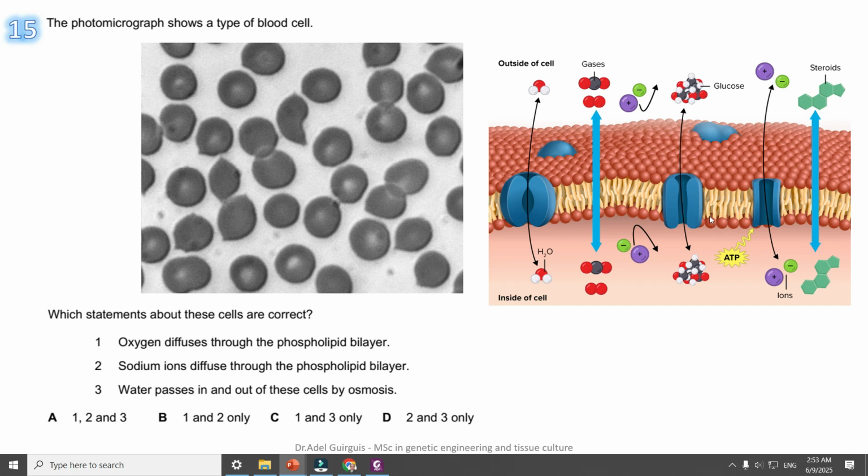What about ions, positive or negative? They pass either by facilitated diffusion, like sodium channels, chloride ion channels, and calcium channels. Each channel is specific for each ion.